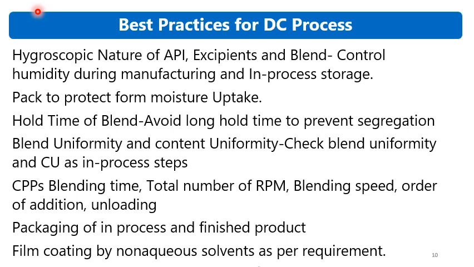This thing is required to be understood. Otherwise, at one place in the development report you will say that the DC process was selected because of the moisture sensitivity of the API, and after that you are doing aqueous coating. So these things should be avoided.